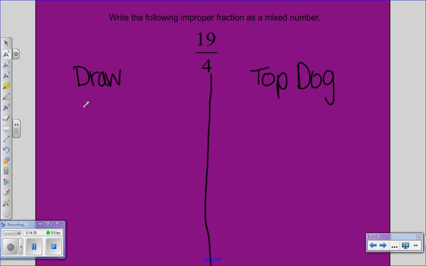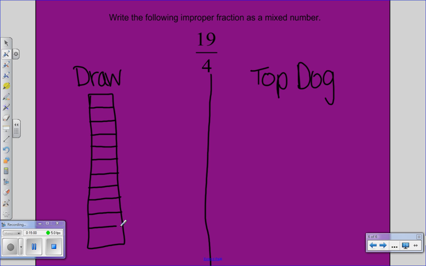So you're going to think to yourself, alright, how many cubes do I have? Miss O'Neill, I have 19 cubes. That's up here. Alright, so here we go. We're going to draw them out. And I'm going to think to myself, alright, there's 1 cube, 2 cubes, 3, 4, 5, 6, 7, 8, 9, 10, 11, 12.